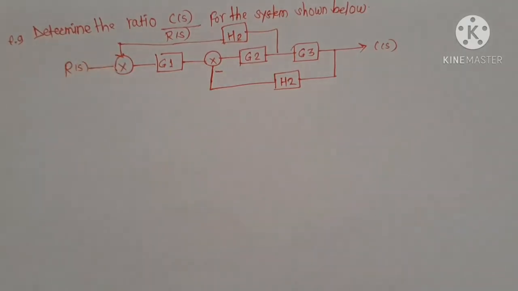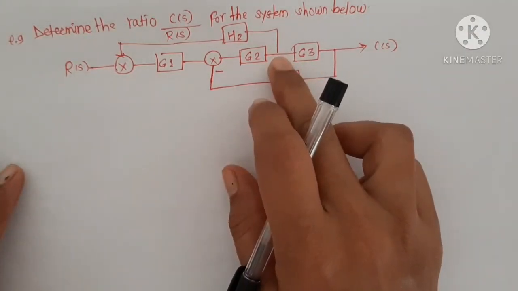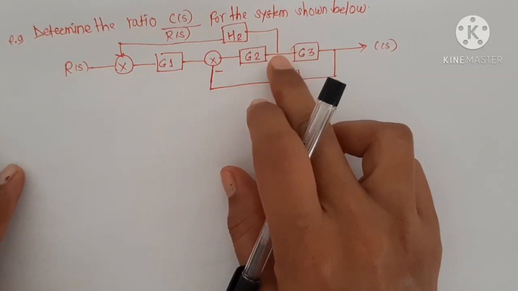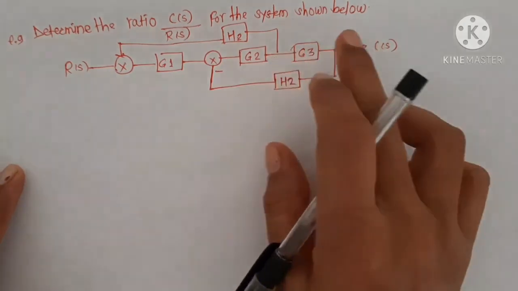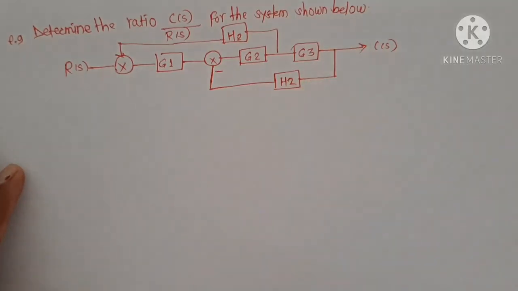So which rule can we use here? First, we observe that this is a takeoff point. If we shift the takeoff point after that block, we will get one closed loop diagram.